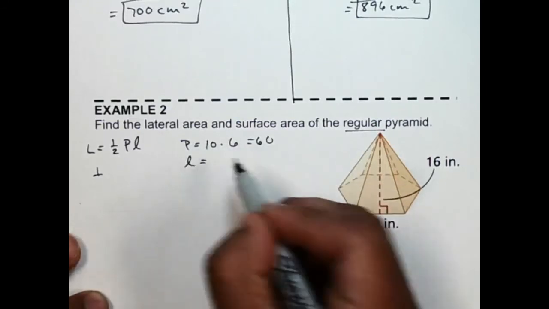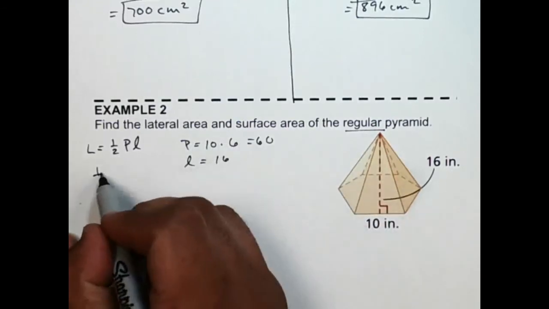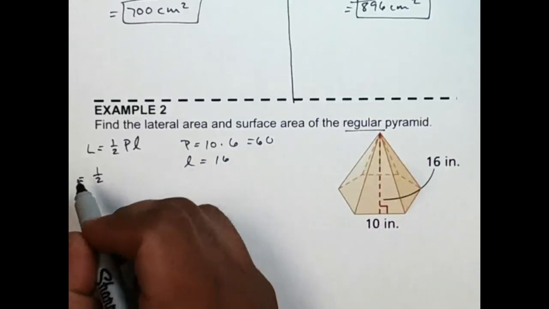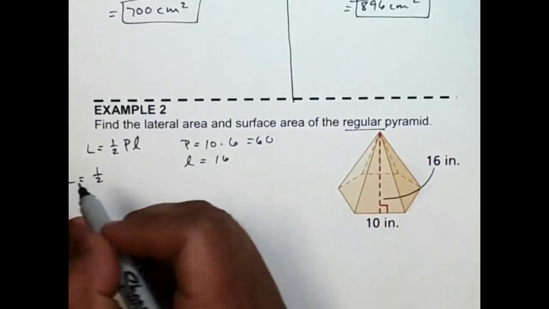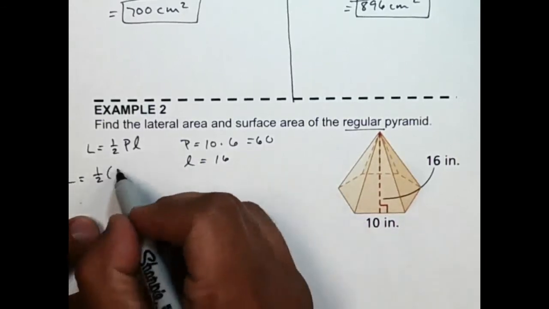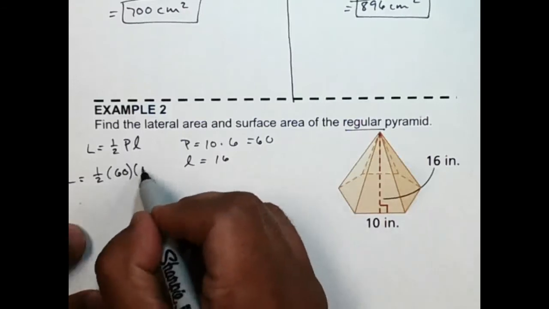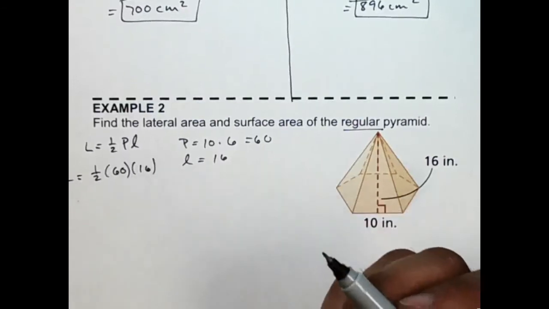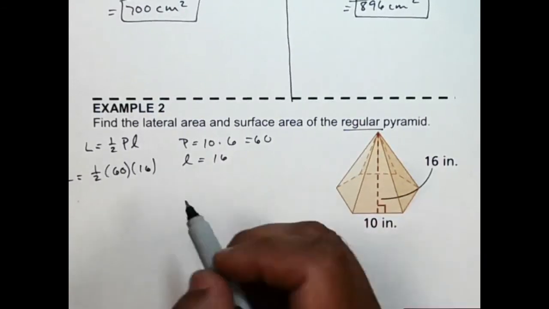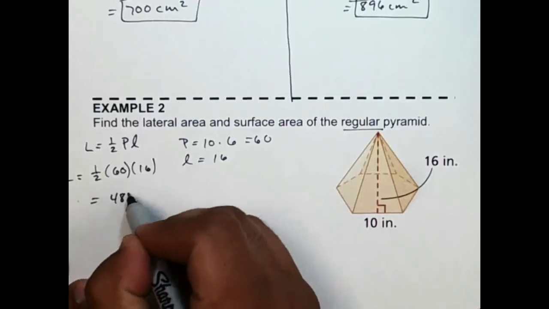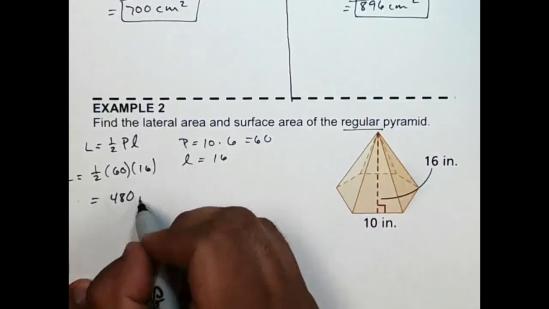And I know my slant height is 16. So my equation is going to be 1/2 of 60 times 16, which ends up being 480 inches squared.